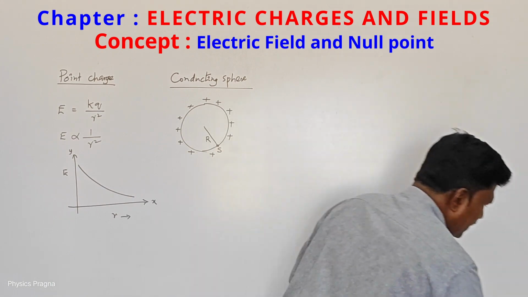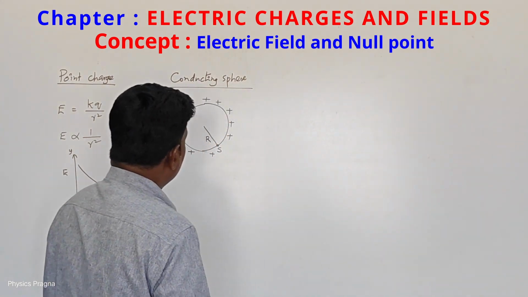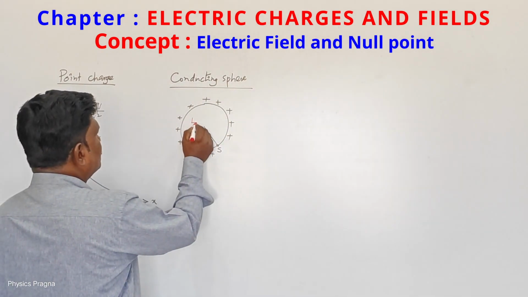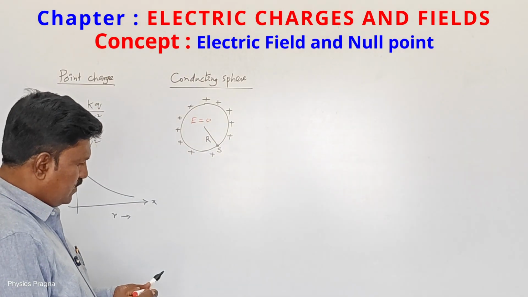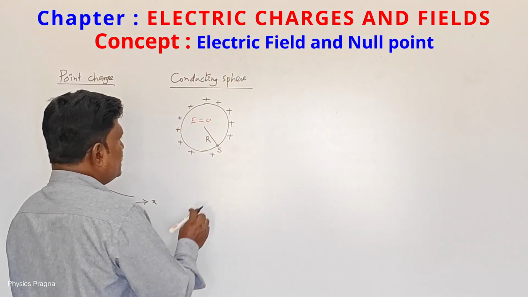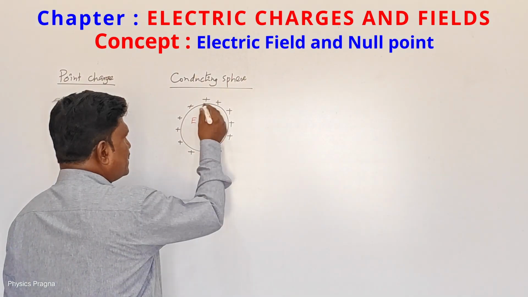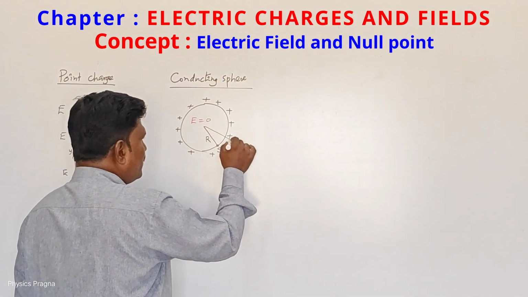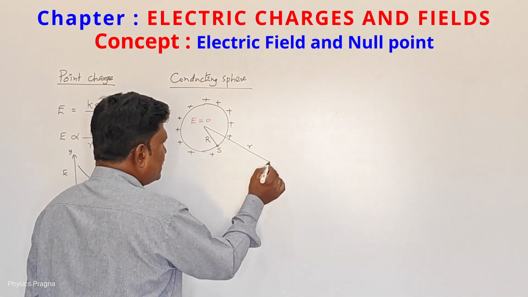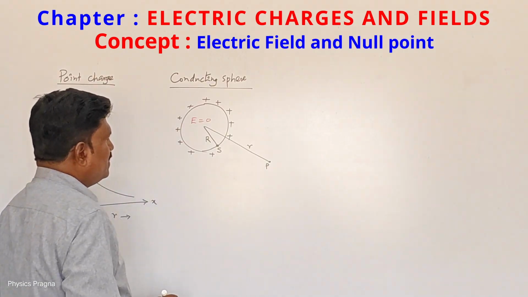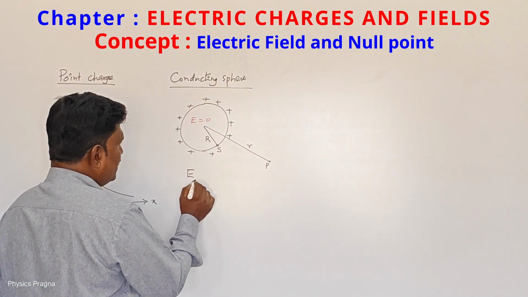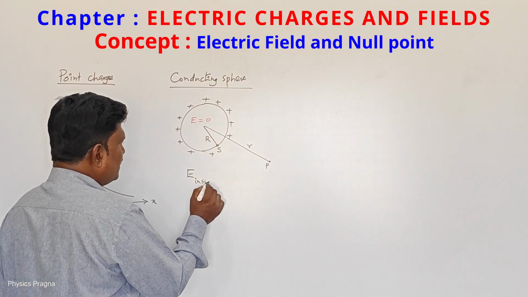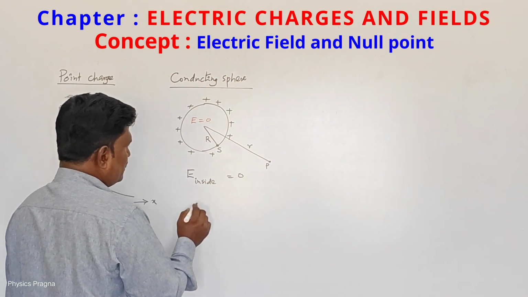So inside the sphere, the electric field is zero because of no presence of charge. This is a point on the surface of the sphere, and another point I will take at r distance, this point P. So the electric field inside is equal to 0.